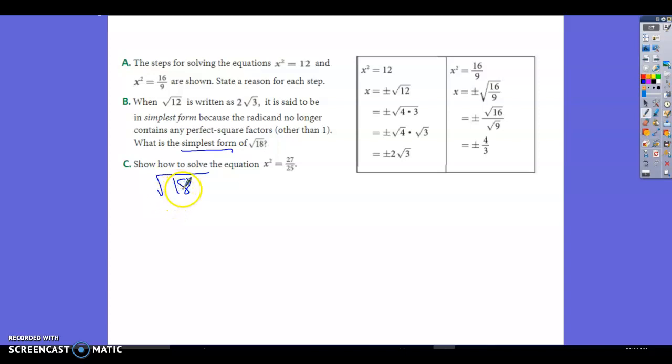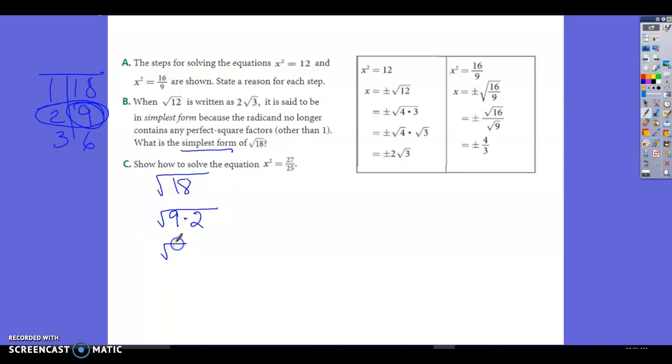So when I think of 18, I have 1 and 18, 2 and 9, 3 and 6. When I look at these, 9 is a perfect square. So I want to rewrite this as 2 and 9. So I'm going to rewrite this as square root of 9 times 2.